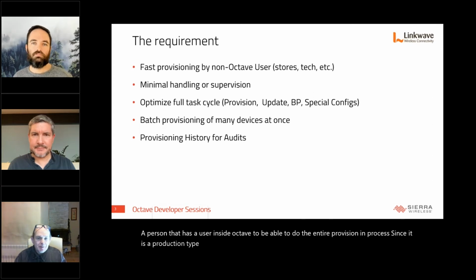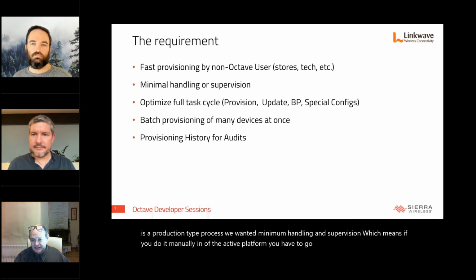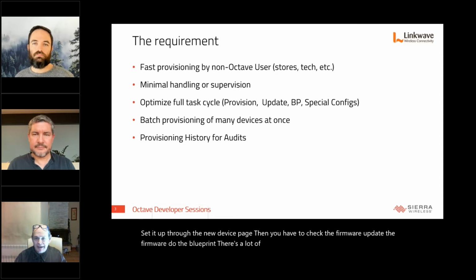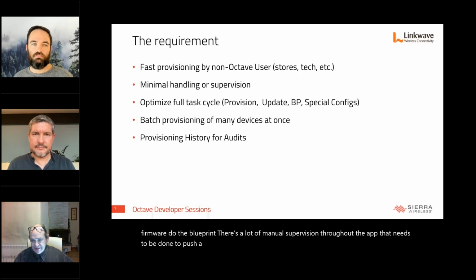We wanted minimum handling and supervision, which means if you do it manually in the Octave platform, you have to go in, set it up through the new device page, then you have to check the firmware, update the firmware, do the blueprint. There's a lot of manual supervision throughout the app that needs to be done to push a unit from where you receive it to where you can send it off to a customer.